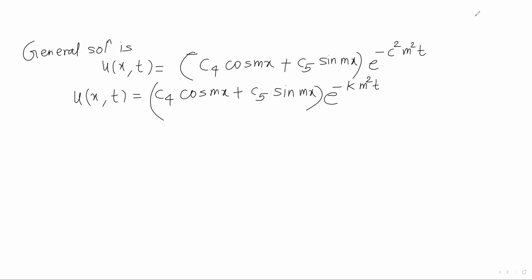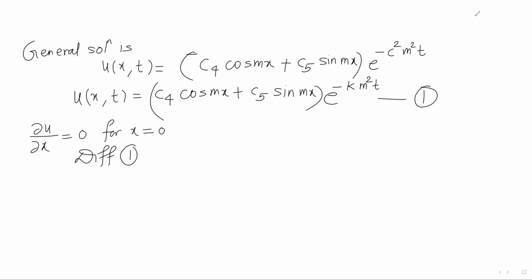Now we'll use the boundary condition. What is given? ∂u/∂x is 0 for x equal to 0, for all values of t. So I differentiate this, calling it equation number 1, with respect to x.